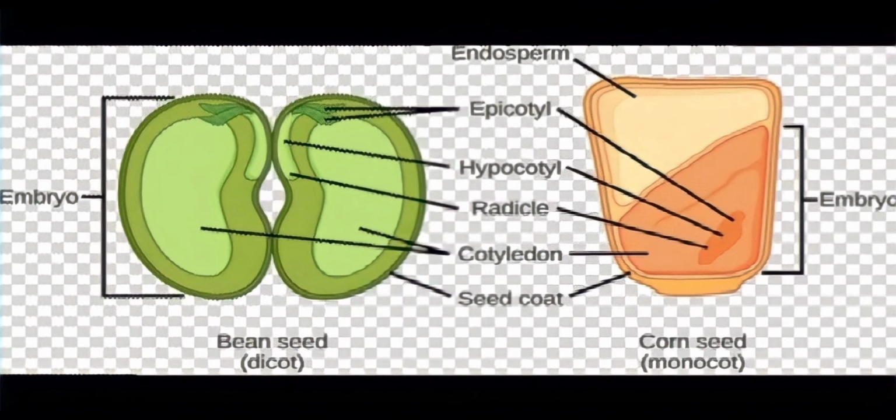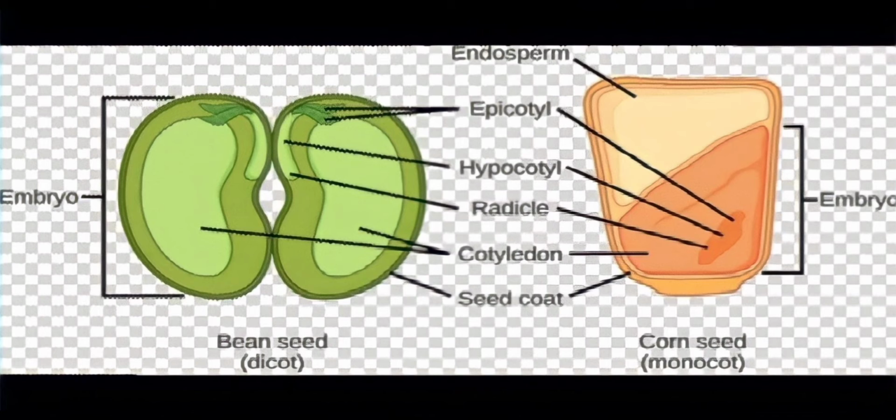See here the structure of the endosperm. In this slide, one example is a dicot seed, the bean seed, and the other is a monocot seed, the corn seed. See how the different parts appear in these seeds: epicotyl, hypocotyl, radicle, seed coat, etc.